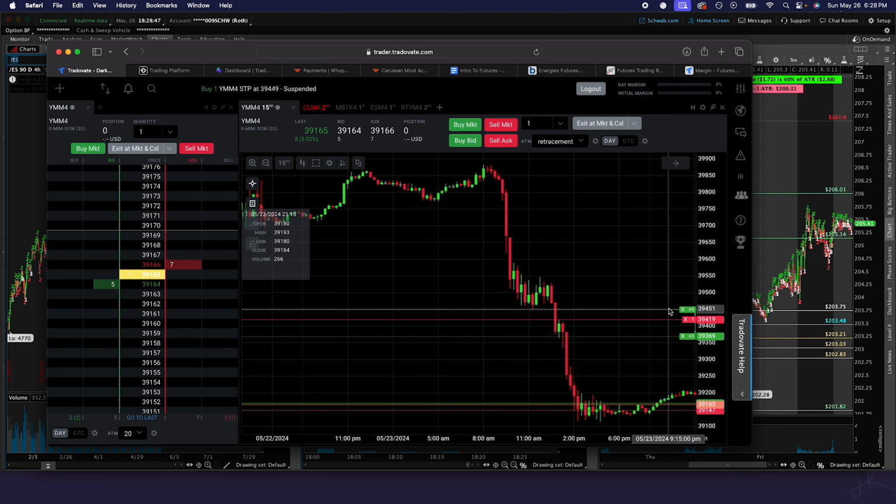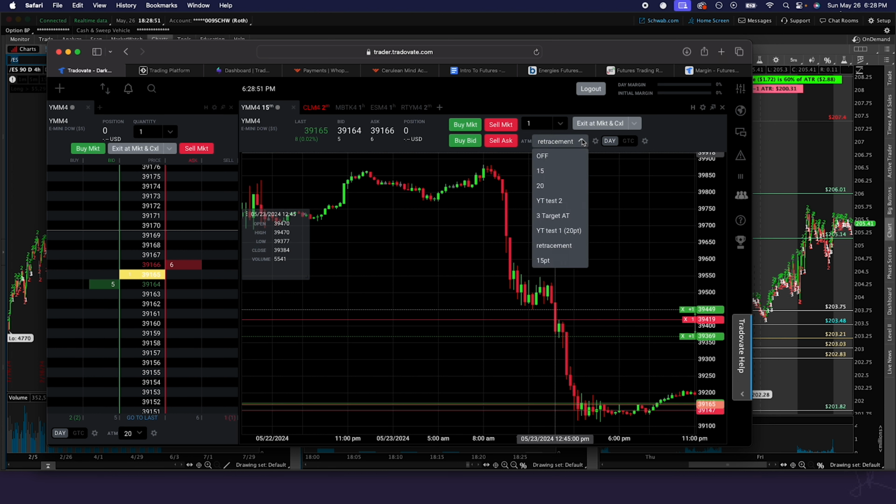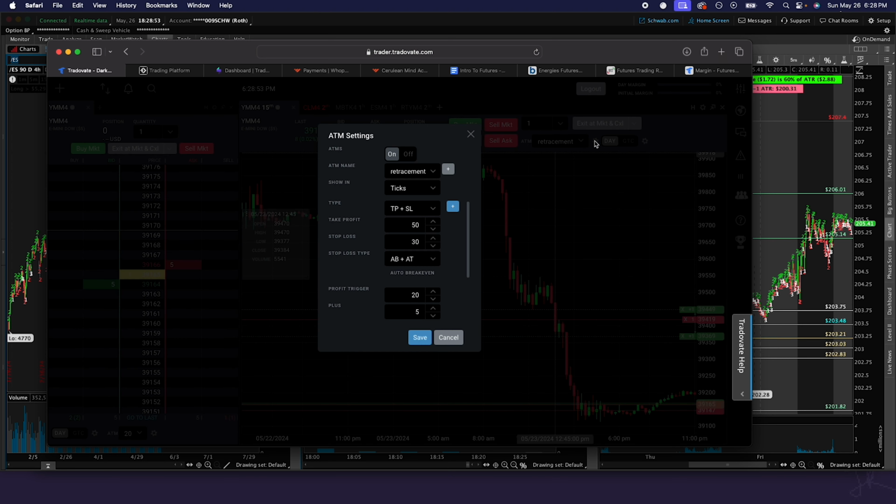It already has my stop loss and my take profit set based on the ATM setting that I have. This specific one, I have it set to take profit at 50 points or stop me out at 30 points. And I pretty much have the trade automated almost entirely. As soon as it goes 20 points in my favor, it's going to bring my stop loss up from 30 points to break even plus 5 points.